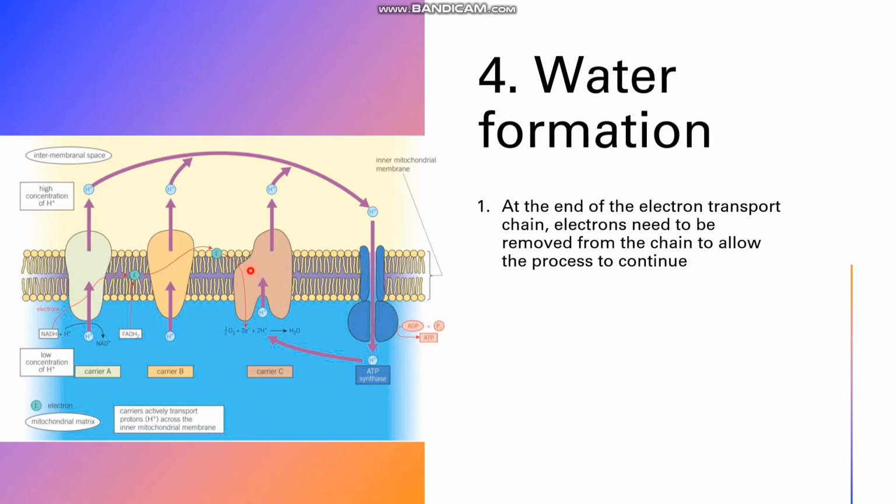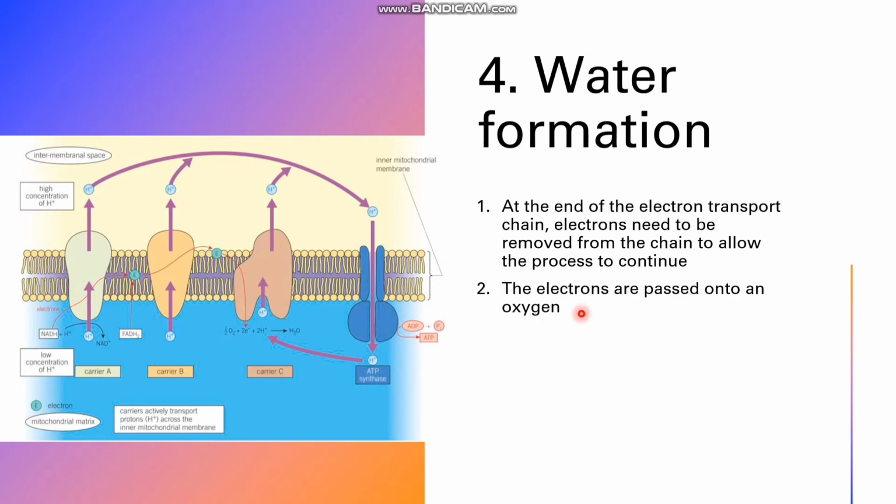If they're not removed, the process cannot continue, because the series of oxidation reduction reactions will stop, because the last molecule will not be oxidized again, so it cannot gain another electron. So the chain will stop, so the process will not continue. So we need to remove the electrons from the electron transport chain.